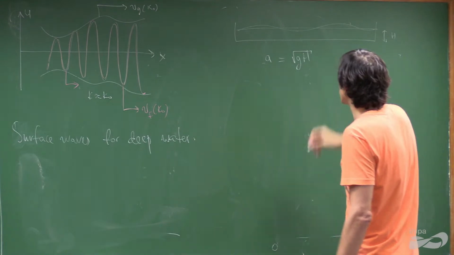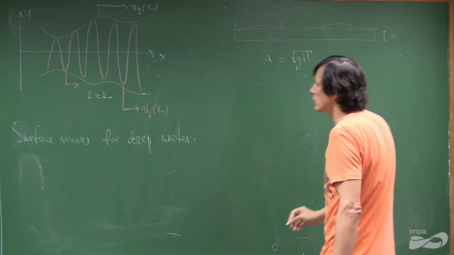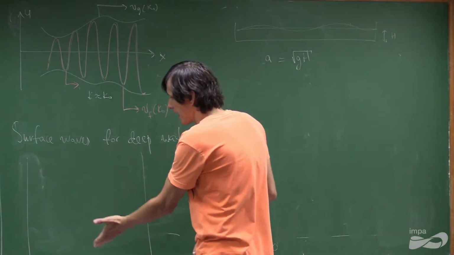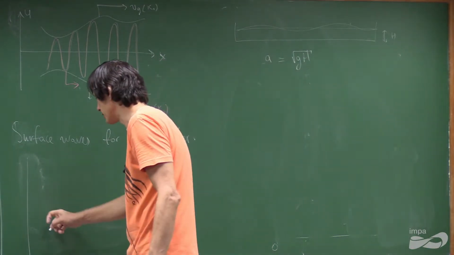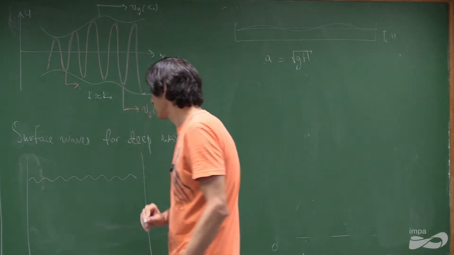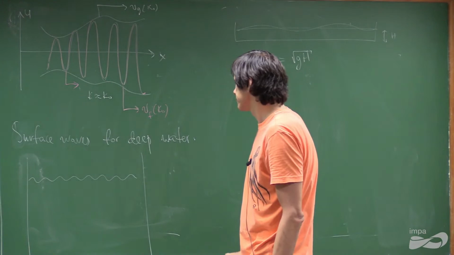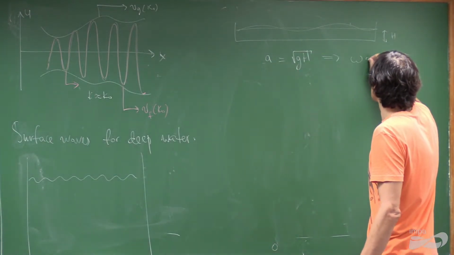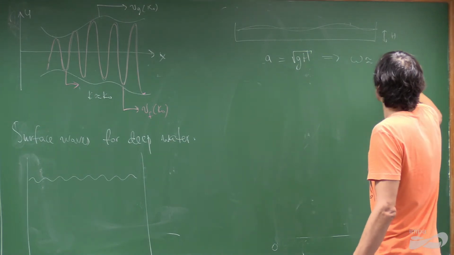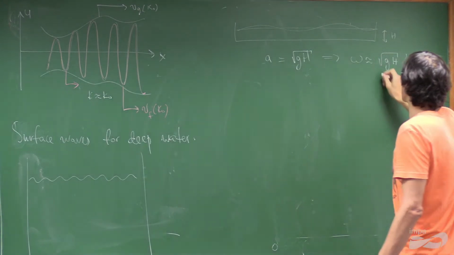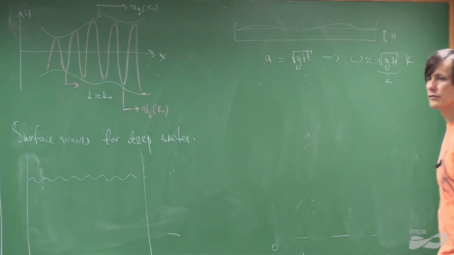So it turns out that when the water becomes deep, so the height is much bigger than the wavelength, in that case omega is approximately square root of ghk, right? So a linear relation.